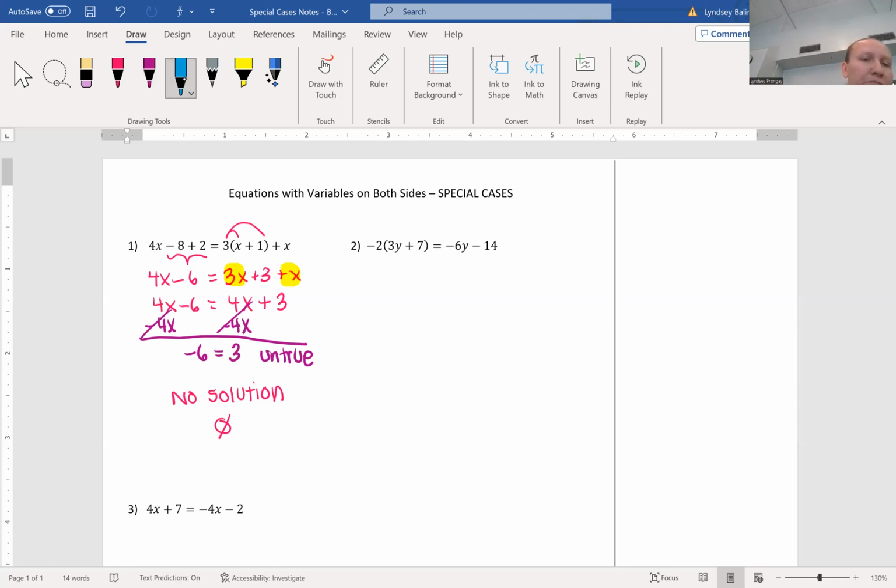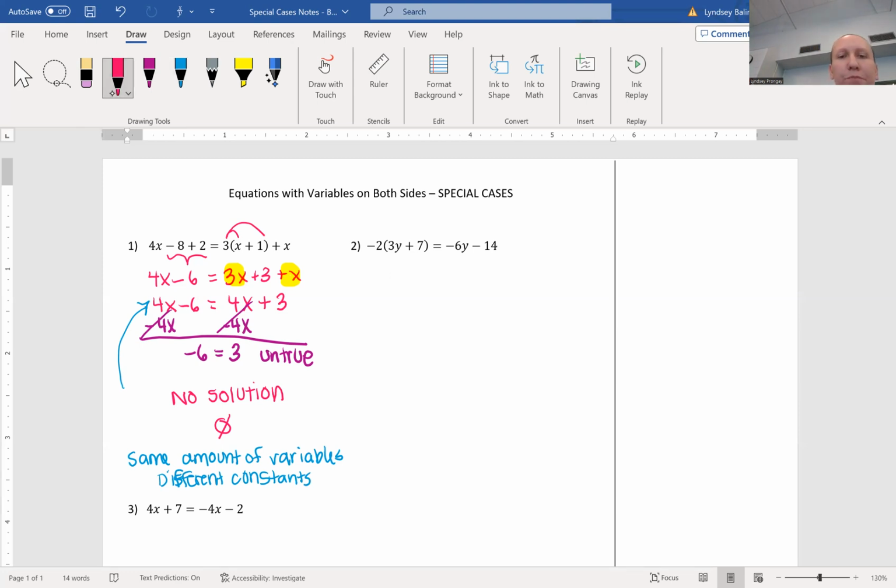So in general, if we're trying to recognize it at that step right there, we're going to have the same amount of variables on both sides, but maybe different constants going on, where it would not be equal. That's when it's no solution.